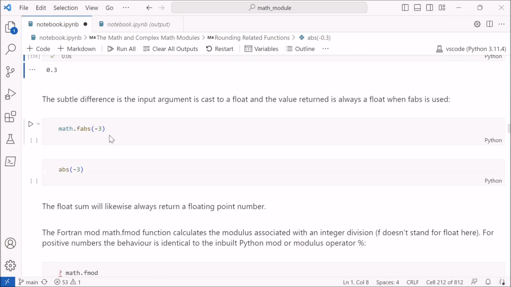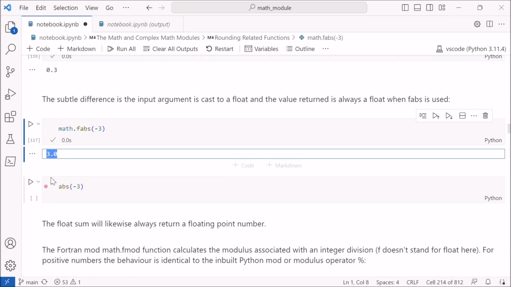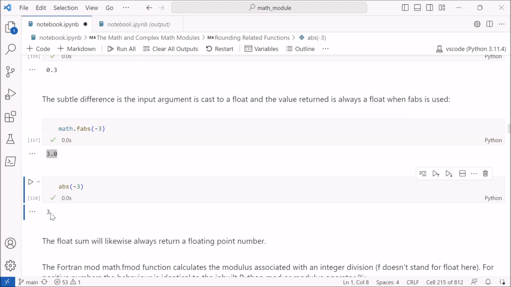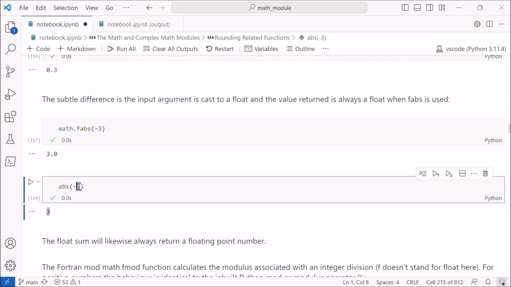If we have a look at this using an integer, then we can see that this is now a float, whereas this is just an integer. So this hasn't been cast into a float. It's taking the input as an integer and returning an integer with the sign stripped.